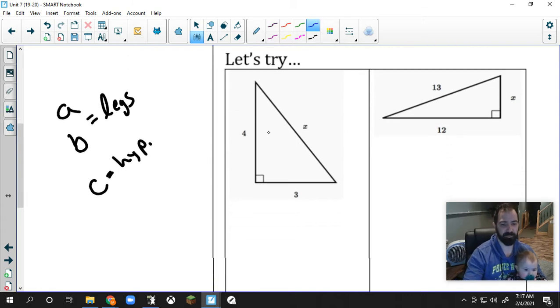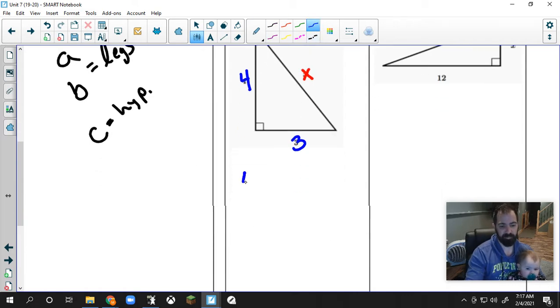Notice on our first one, we have the side lengths 4, 3, and we are missing the hypotenuse, which is x. So as we're setting that up, we are going to say that 4 squared plus 3 squared equals x squared.